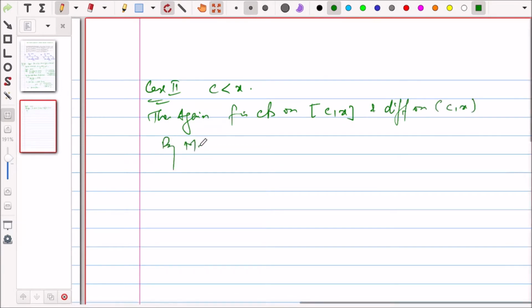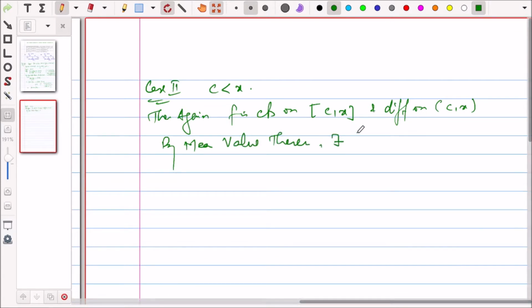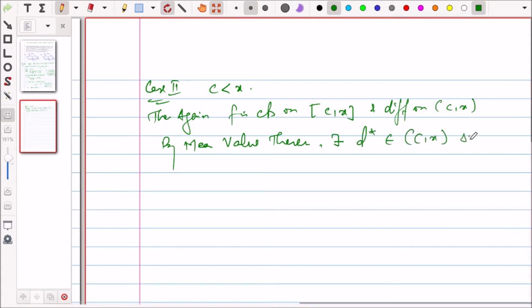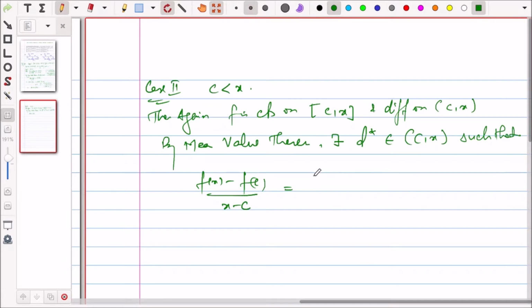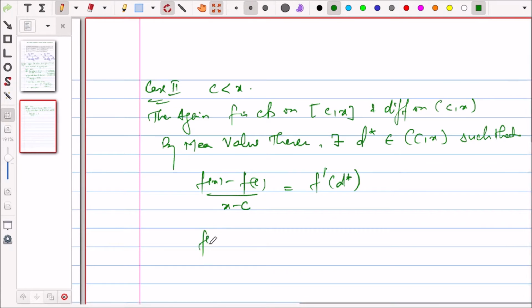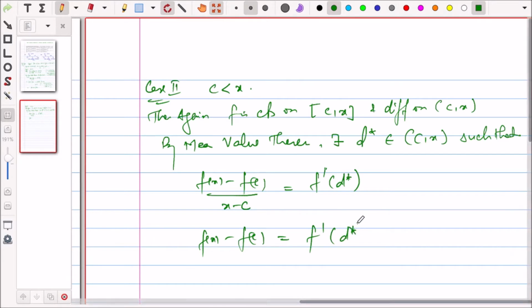So by mean value theorem there exists d star belonging to (c,x) such that क्या हो जाएगा यहाँ पे, (f(x) minus f(c)) upon (x minus c) is equal to f dash d star, right? So that implies f(x) minus f(c) is equal to f dash d star times (x minus c), right?